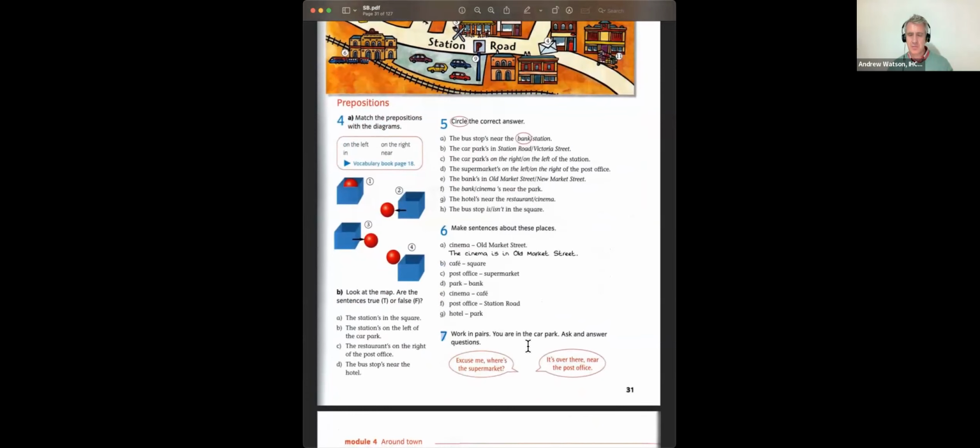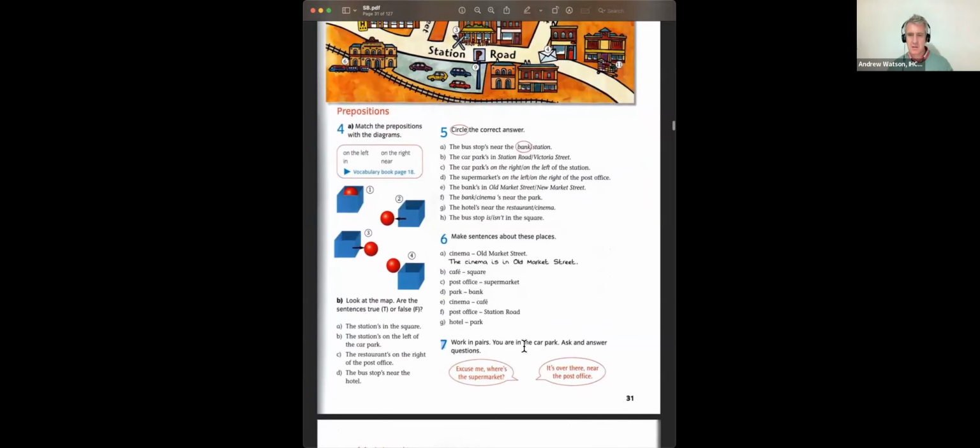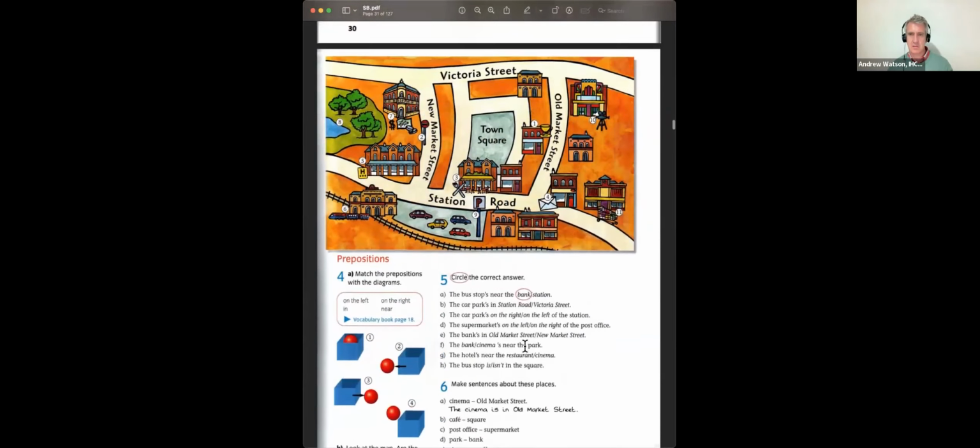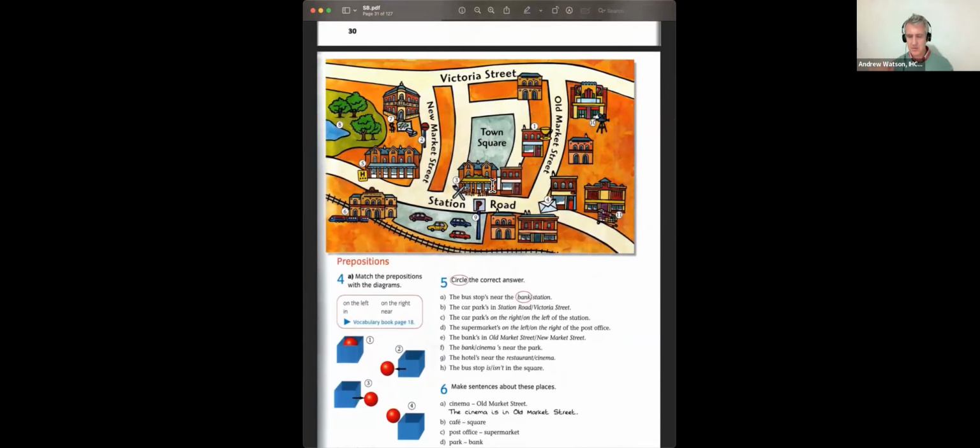Seven, that could be your freer practice. Where's the supermarket? But they need to have the map in front of them. You could have that on a Google slide. If you share the Google slide in the chat, then they will have access to the map all the time.